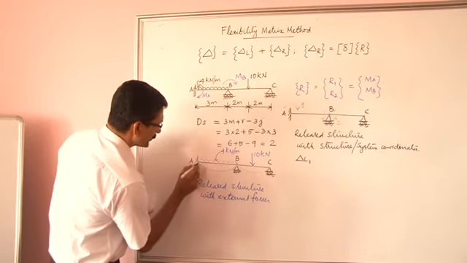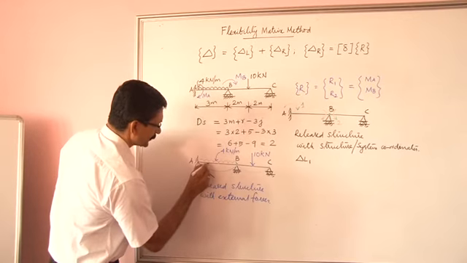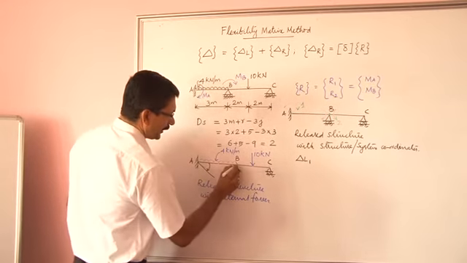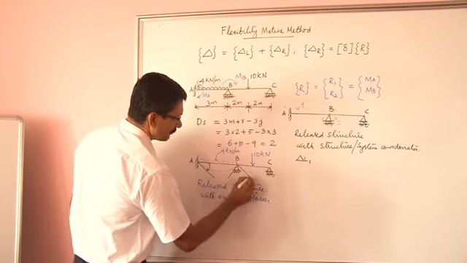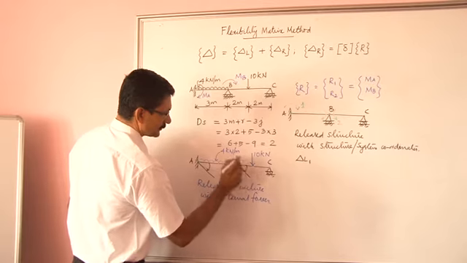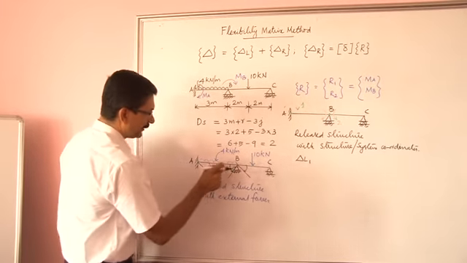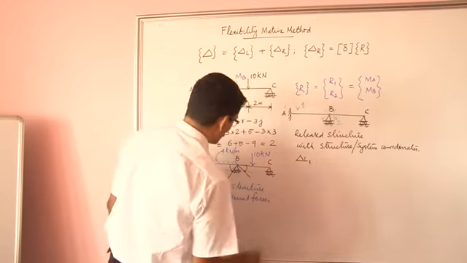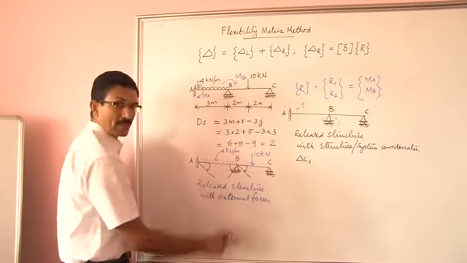The rotation at this end is going to be this angle, and rotation at joint B would be the sum of these two angles, the sum of this angle and this angle. So delta L1 will be this number, the rotation here. Delta L2 would be the sum of these two angles.